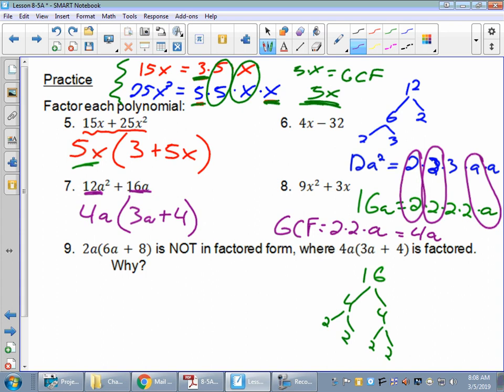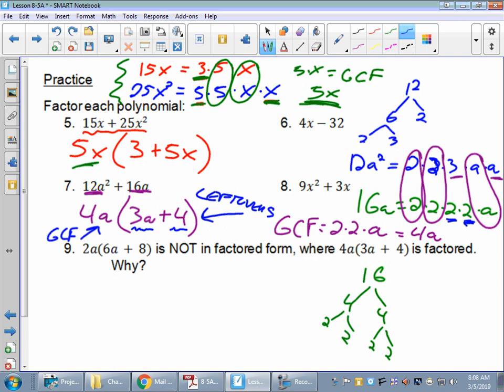And now let's look at what we put on the inside. The leftovers go on the inside. So 3 times a, 3a. That's put right there. And over here in the second term, we got 2 times 2, which gives us the 4 here. So your GCF goes here on the outside of the parentheses, and then your leftovers go in here inside the parentheses.